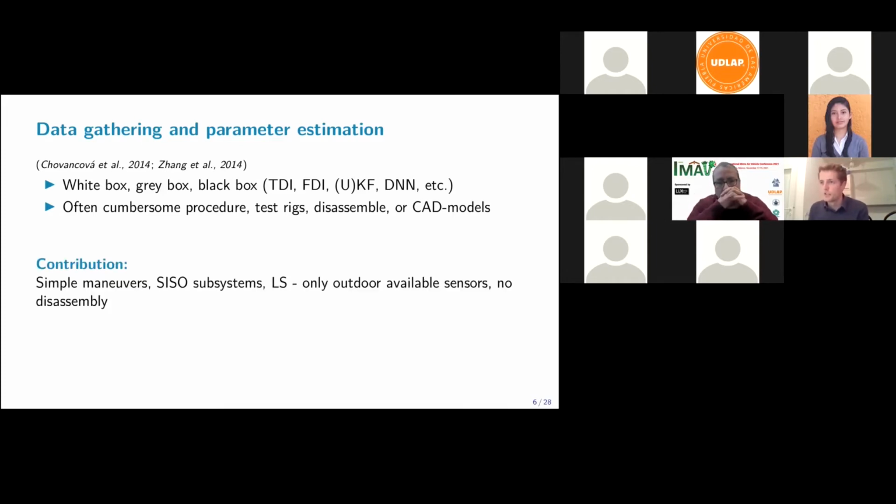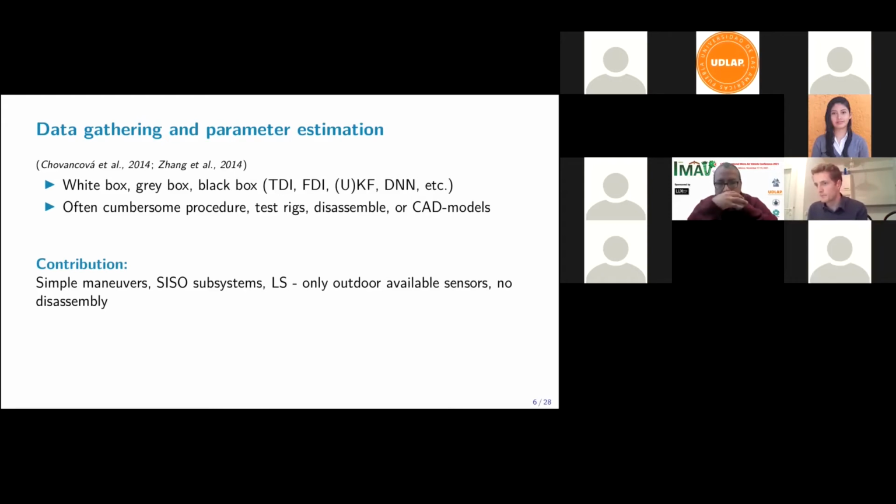The contribution here is that we keep the drone as a whole, and we apply in an outdoor flight very simple maneuvers in which we excite parts of the system. So actually it's all subsystems, and then the gathered data we can use in a linear least squares estimation. And this data is gathered only using outdoor available sensors, so in a realistic application, so no motion capture systems or alike. And like I said, there is no disassembly necessary.